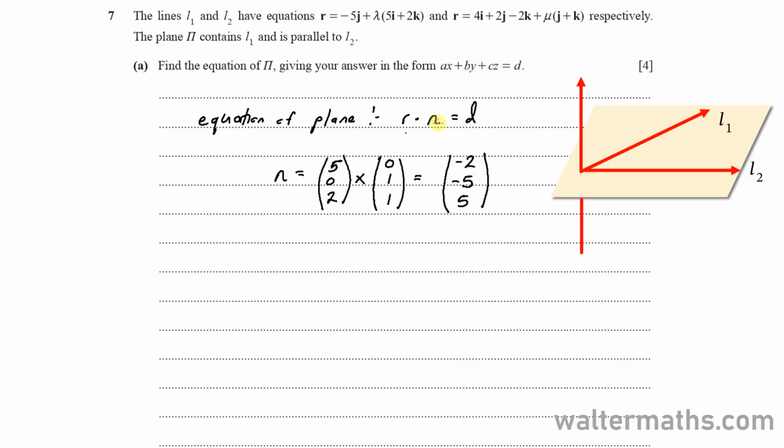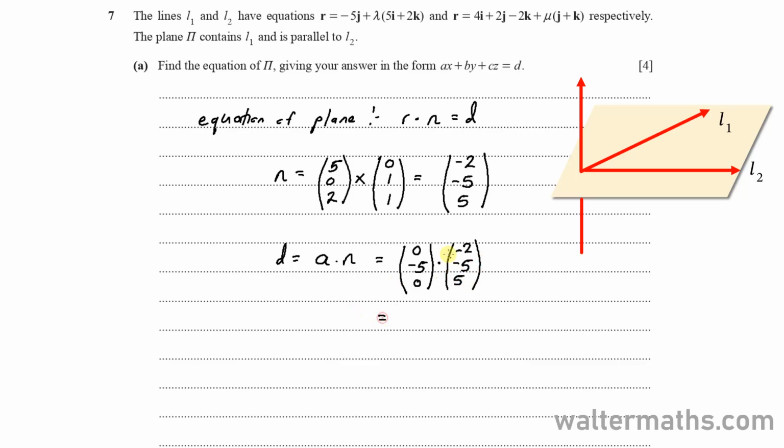Next, I'll need to find d, and we can find d by saying d is equal to a dot n, where a is any point on the plane and n is the normal. In this case, a point on the plane we can take is minus 5j, which is 0, minus 5, 0 in column vector form, dotted with n, which we got to be minus 2, minus 5, 5.